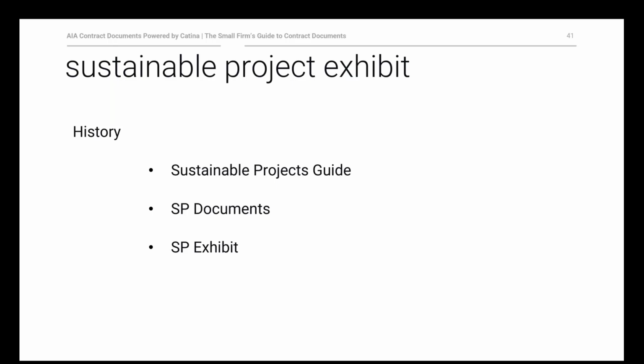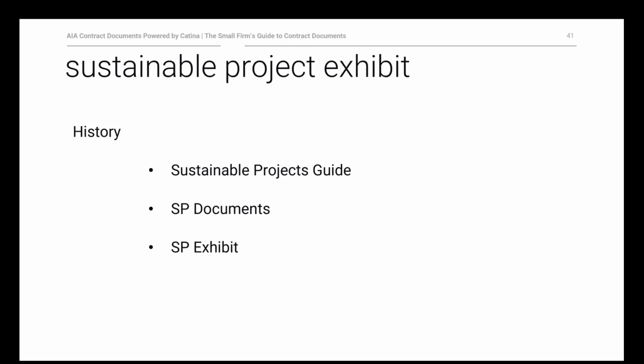In what's not shown on here, I'll start with, in 2007, the Documents Committee decided to put in just 1 or 2 very basic paragraphs about some high-level obligations of the architect when it came to sustainable design, to consider alternative building materials and so forth. It was again 1 or 2 paragraphs, not very detailed.